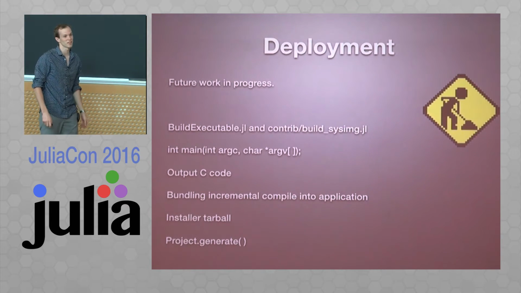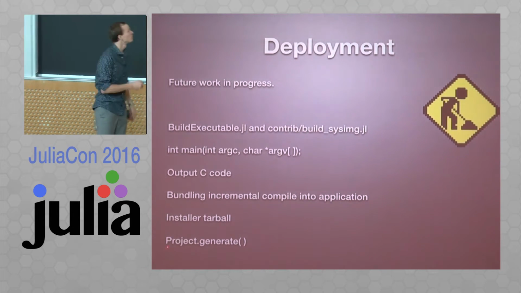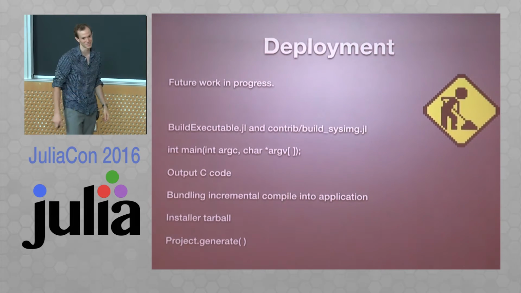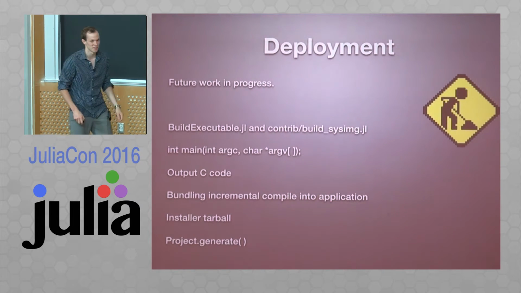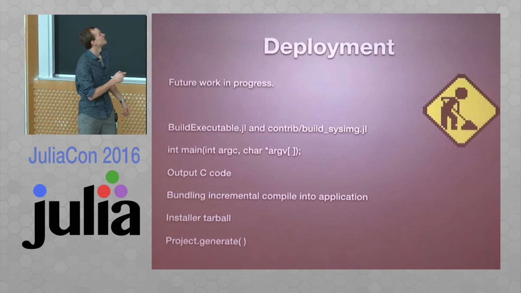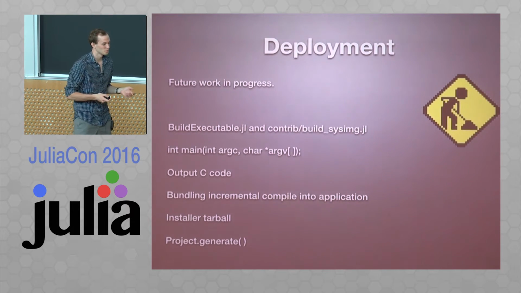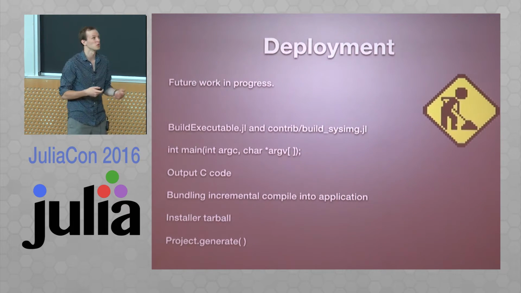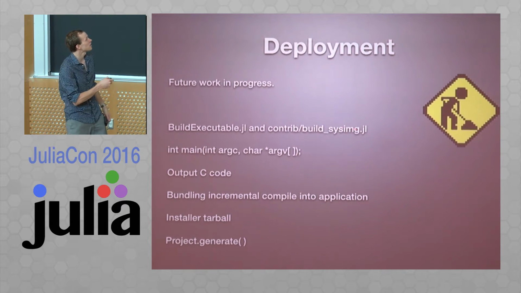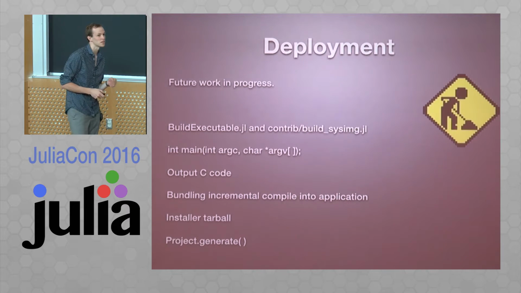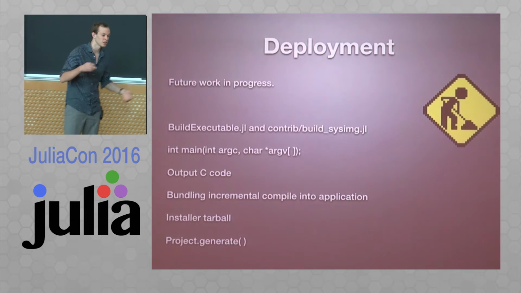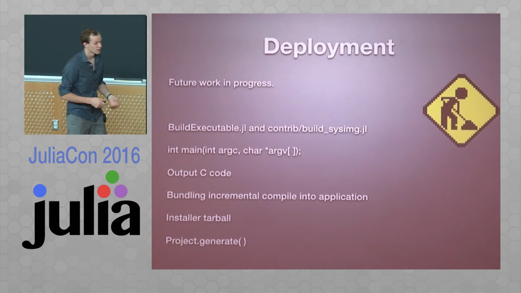One of the things that I know needs to be worked on more, and actually from the last talk, I just stole a project.generate here, is deployment, because it is not really a well-formed story right now. There's build executable.jl and contrib build sysimage.jl that will help you take your code and package it together.